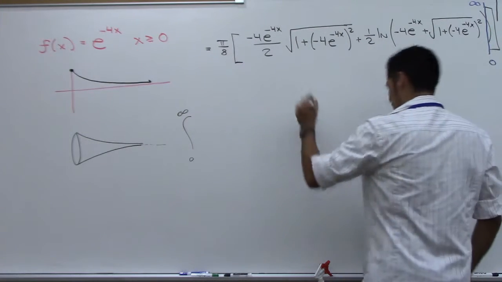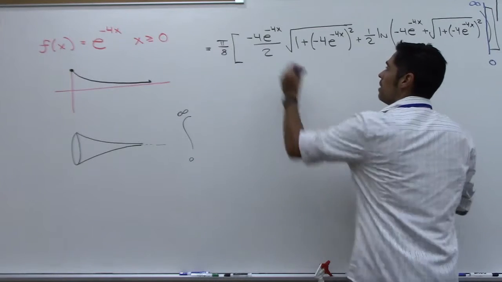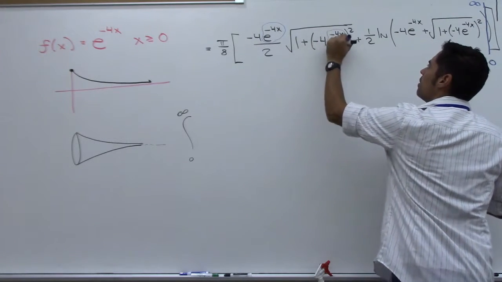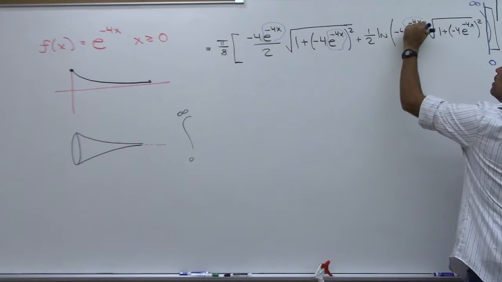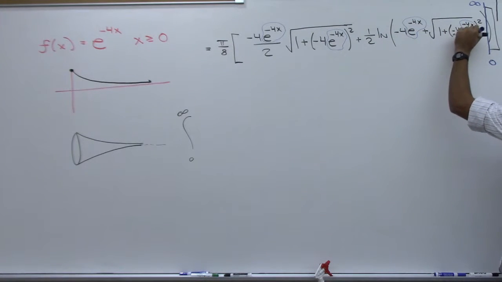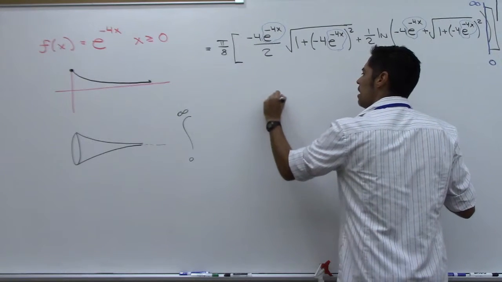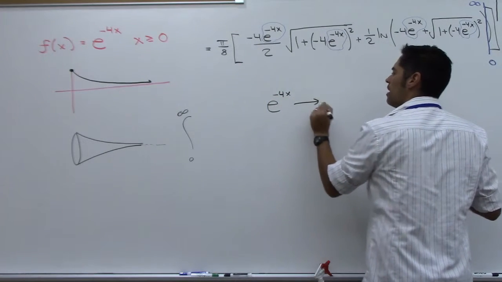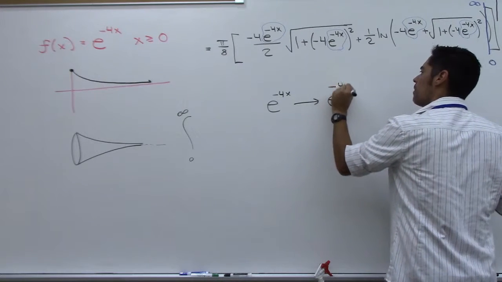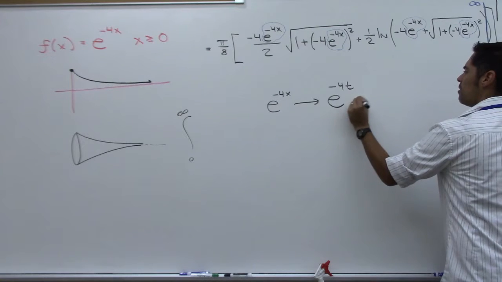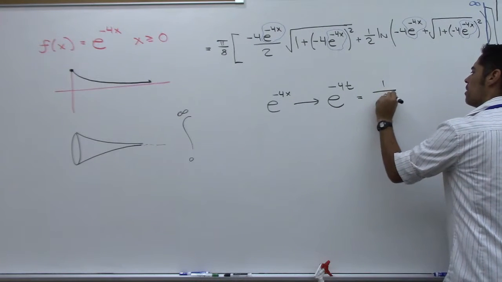So let me just look at this. There's one particular part in here that appears many times. Here it is, here it is, here it is, and here it is, right here. So what would happen if I take that, e to the negative 4x, I replace x with t, and then I let t go to infinity? Well, this is equal to 1 over e to the 4t.